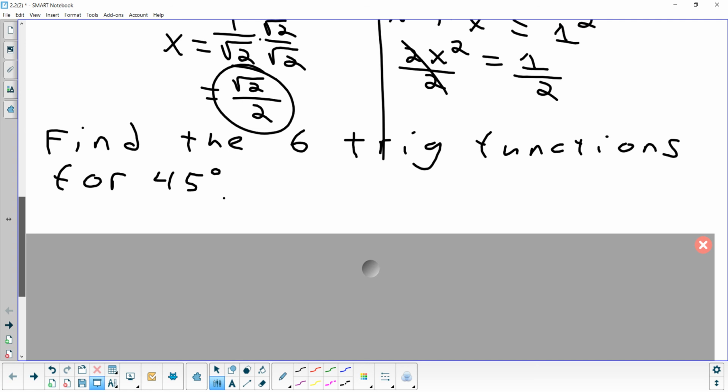So we're going to need the 6 different formulas, but we're going to have to plug numbers into those formulas. Where do those numbers come from? The unit circle. They come from something on the unit circle. So how are we going to get the numbers that we need for this one? It's 45 degrees, but we need the numbers to plug into the formula.